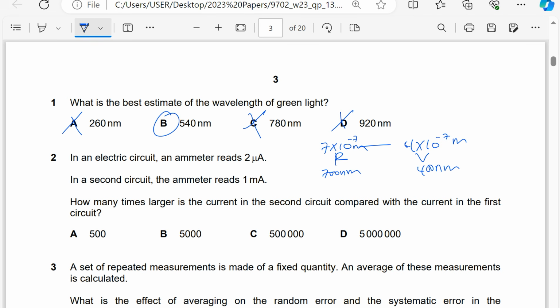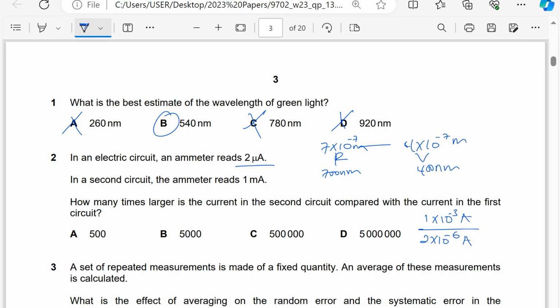In the first circuit, the ammeter reads 2 microamperes. In a second circuit, the ammeter reads 1 milliamperes. How many times larger is the current in the second circuit compared with the current in the first one? So in the second one, it is 1 times 10 to the power of -3 amperes, divided by, in the first one, 2 times 10 to the power of -6 amperes.